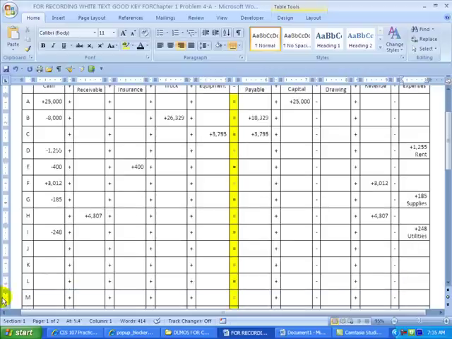Looking at letter J. In letter J, we received a bill from GC Gas and Lube for gas and oil for the truck, $128. Now we received the bill. It does not say anything about us paying or writing a check. So our expense is going up, but because we haven't paid it yet, we have to pay it later.